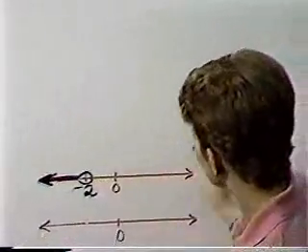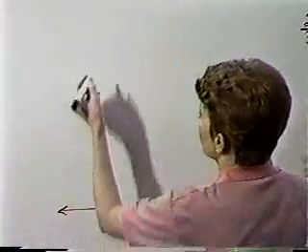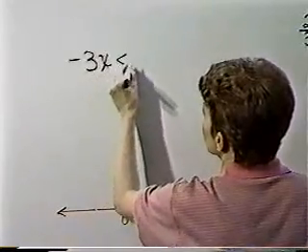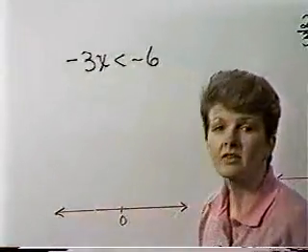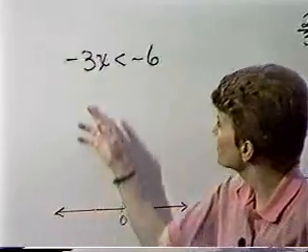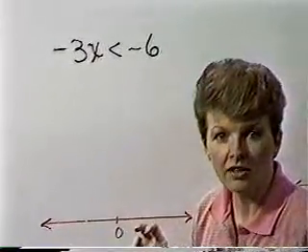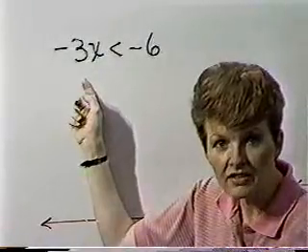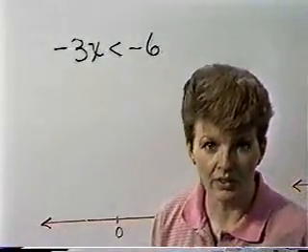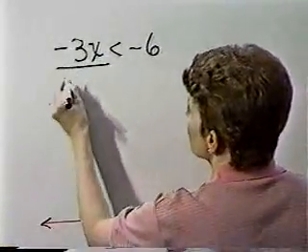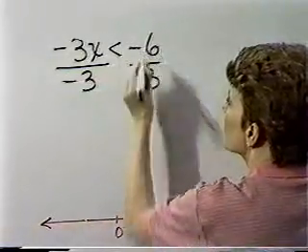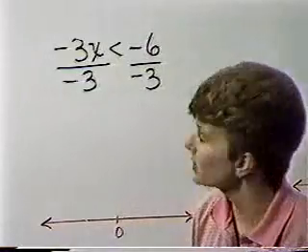Let's look at something similar. This time, let's solve negative 3x is less than negative 6. To solve this linear inequality, we'll divide both sides by the coefficient of x, this time negative 3.